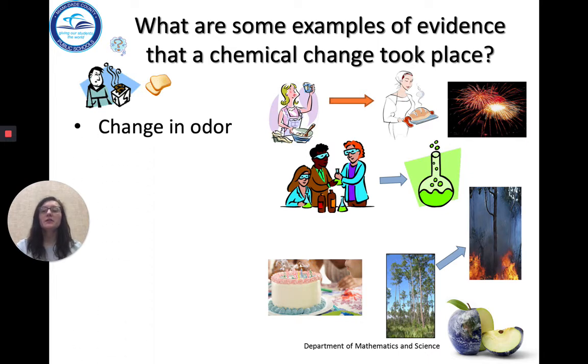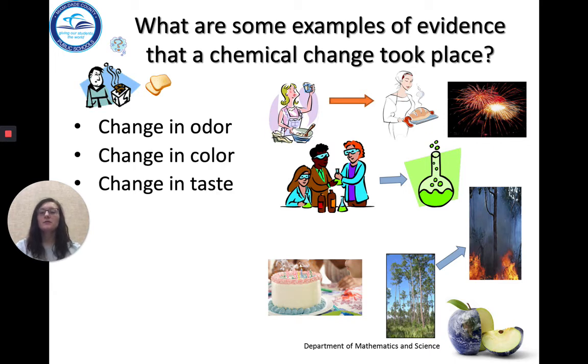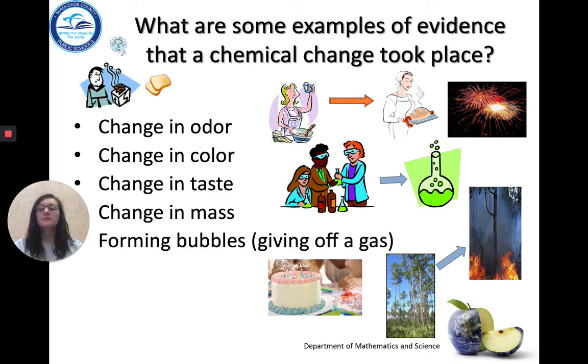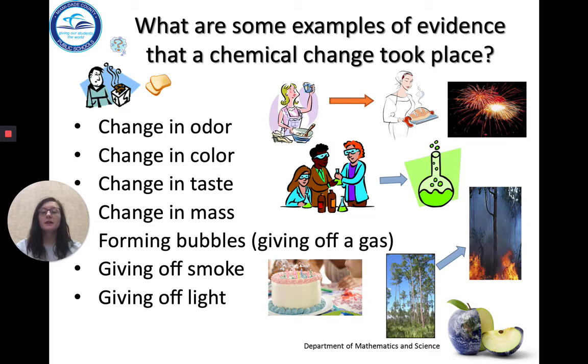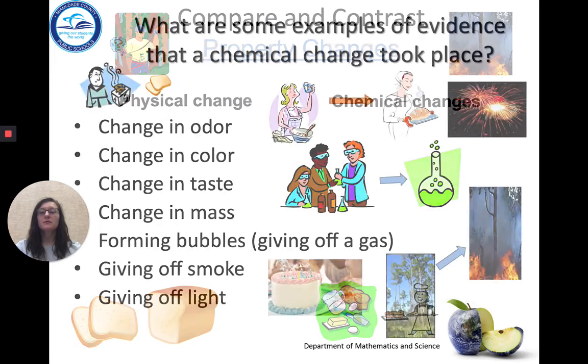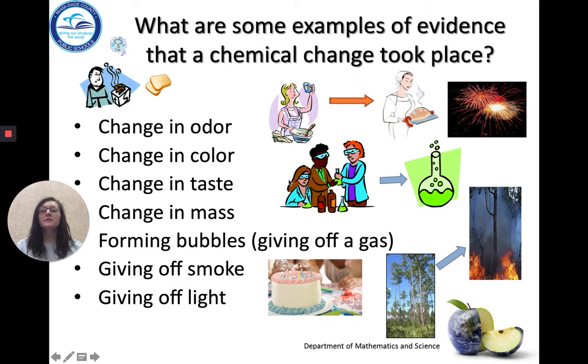A change in odor, a change in color, a change in the taste, a change in the mass, remember the weight, forming bubbles, giving off a gas, giving off smoke, giving off light. These are all different examples of evidence that a chemical change took place with an object.